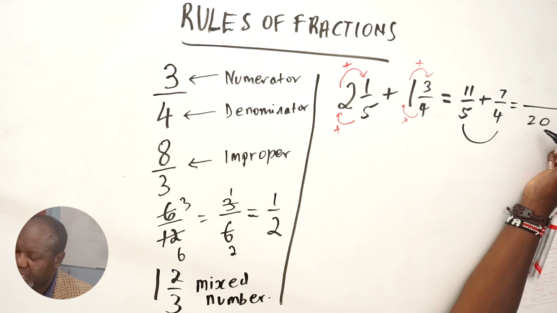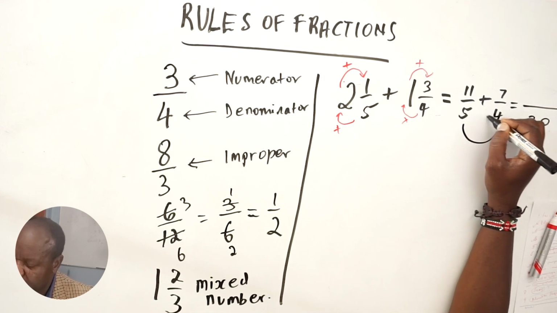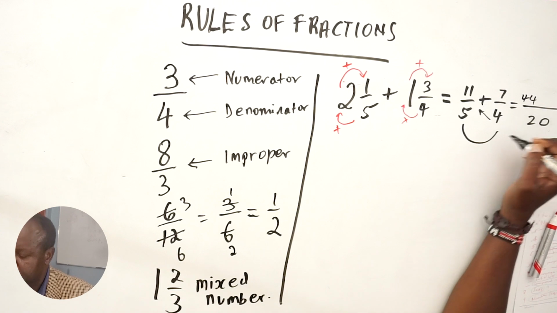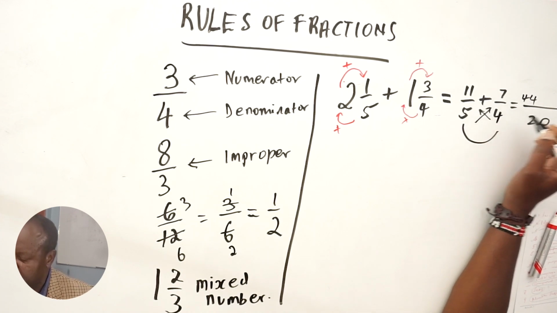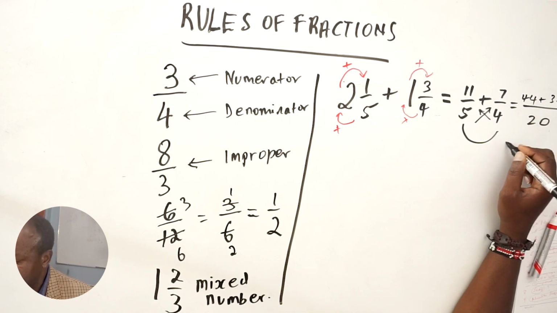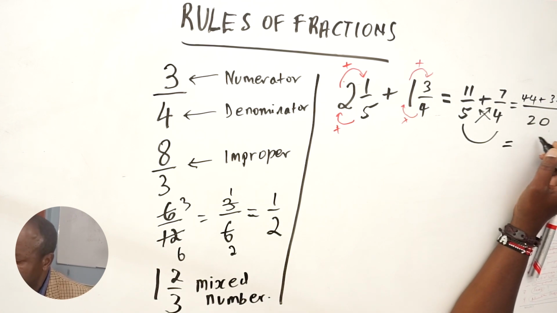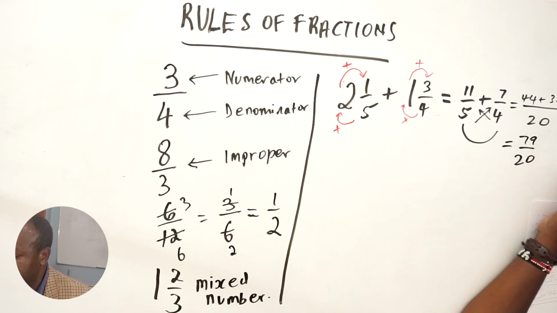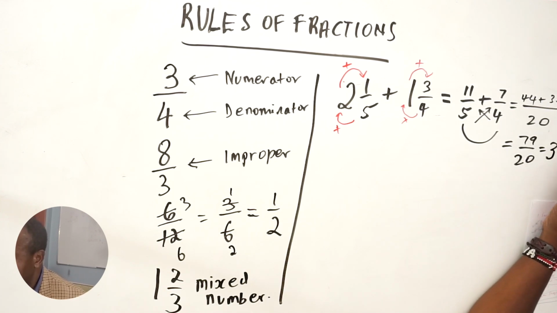Okay, then keys: 4 times 11, 44. 5 times 7, 35. 44 plus 35 will give you 79 over 20. How many 20s go into 79? 3 of them, which is 60, remainder 19, right at the top over 20.